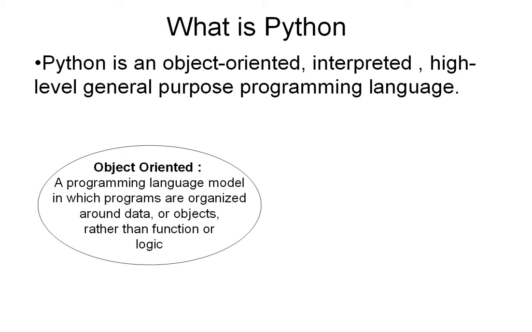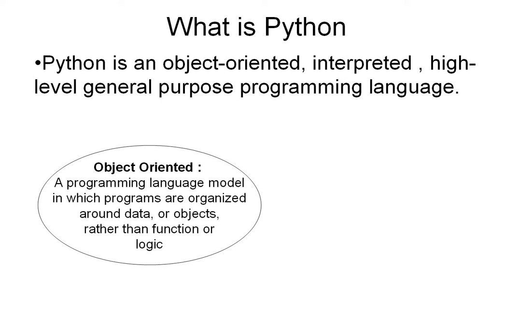So when we say object-oriented, basically that is a model in which programs are organized around data or objects. So when we say data or object, everything in Python is an object. And when we talk about object-oriented programming, we create certain classes, we create objects out of them, and then we start using them as and where those are needed.